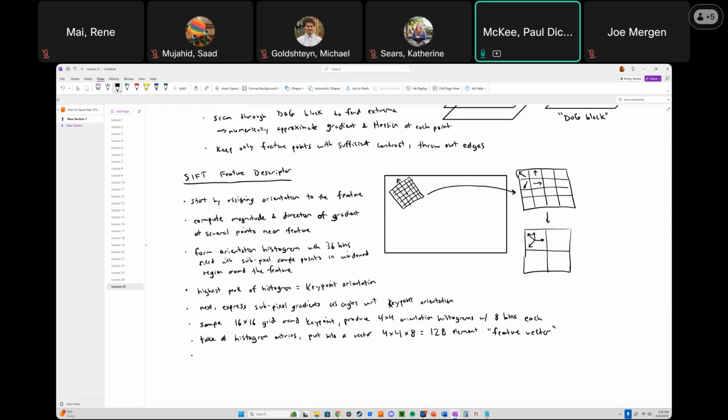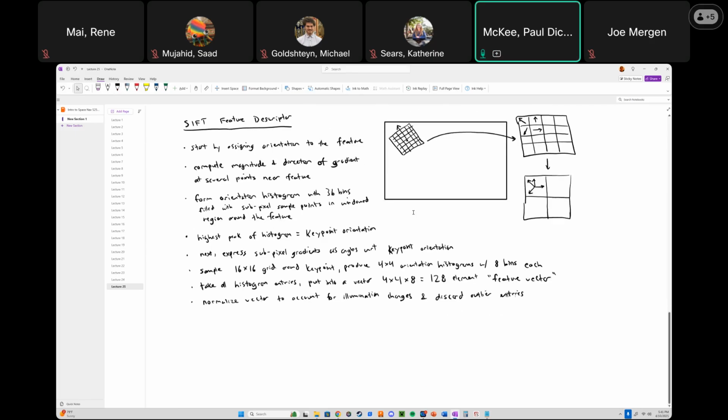We normalize the vector to account for illumination changes, and discard outlier entries. And really, there's even more going on than that, but I think this is already complicated enough, and you don't really need to understand everything that's going on under the hood.